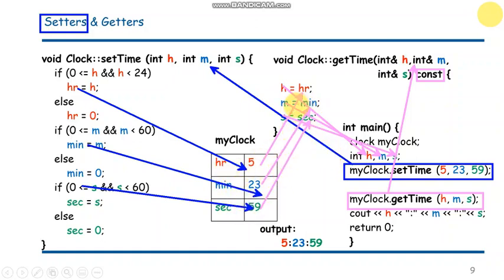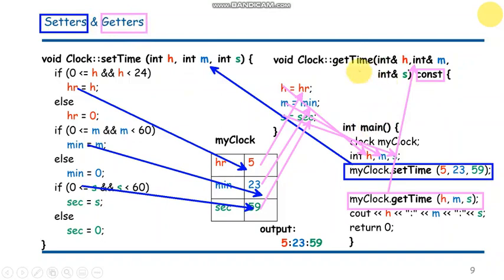All it does is access the object. And for us to guarantee that getTime retrieves from the object, we put the word const. It then means that it is not going to modify. All it is going to do is retrieve. As a result, it is called a getter function.